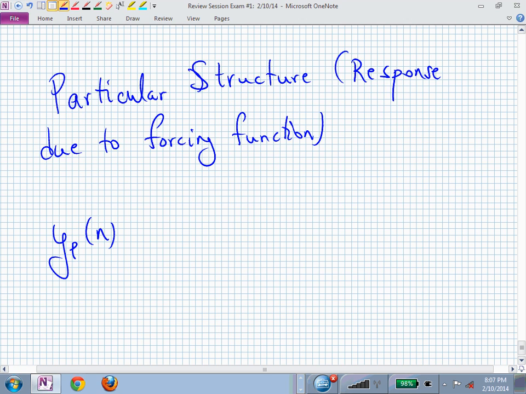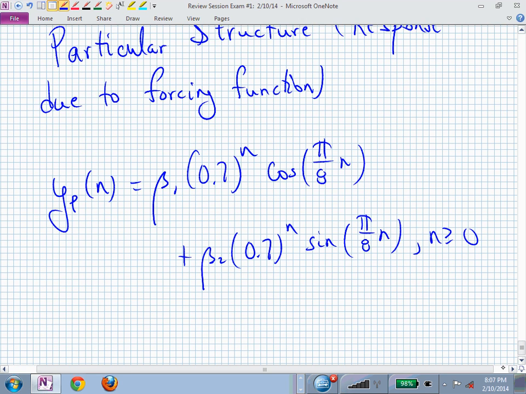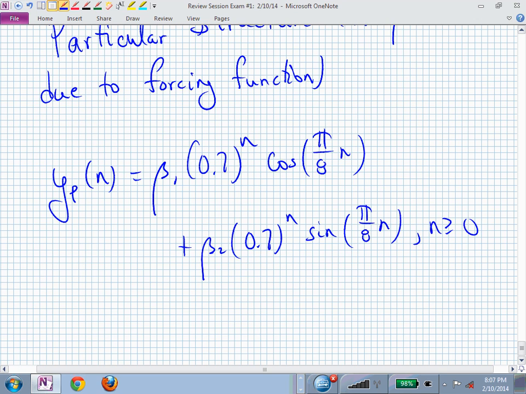Meaning now y sub p of n is beta 1, 0.7 to the n cosine of pi over 8n plus beta 2 times the corresponding sine, and you could find the beta 1 and the beta 2 by plugging in your forcing function and solving in that difference equation for the resulting coefficients.